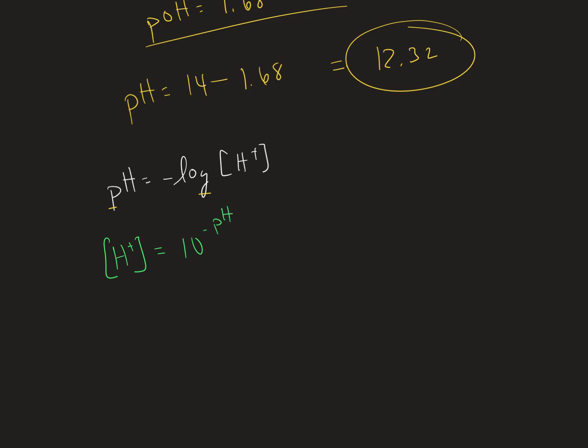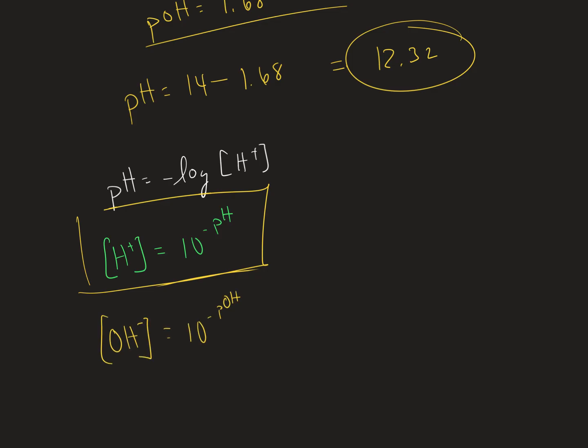Because log is basically base 10, right? The calculator is base 10. We're going to just keep it simple. And that's the equation. Can we do the same thing with hydroxide ion concentration? 10 to the negative pOH. So we get both of those equations on your reference sheet.